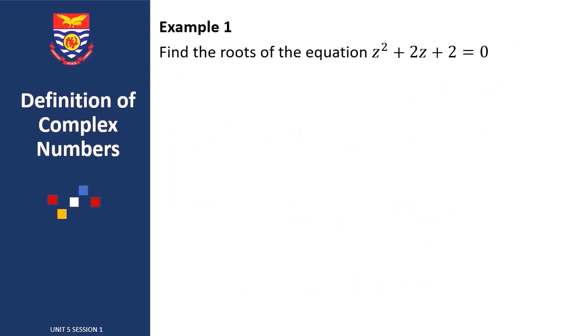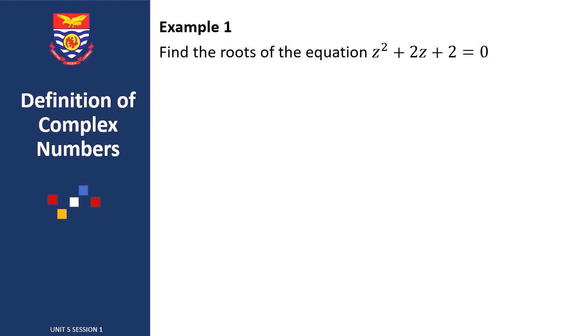Great. So let's look at example 1. Find the roots of the equation z squared plus 2z plus 2 equals 0. This is a simple quadratic equation. If you go by the factorization approach, you can see that it's very difficult to find factors that make the equation factorizable.